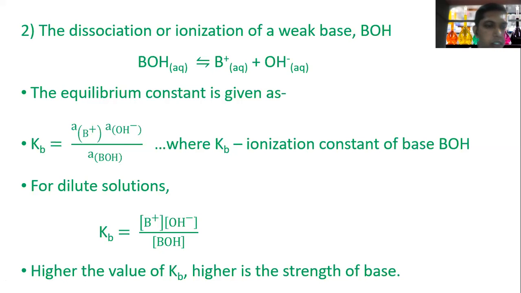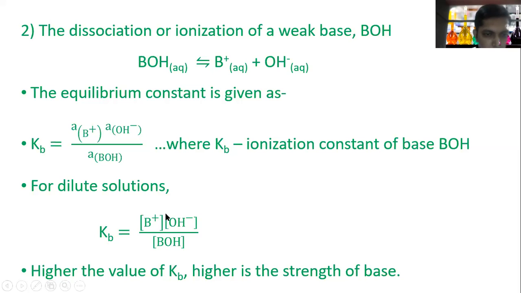So that is the equation for the dissociation constant of the weak base. Now, Kb, the dissociation constant of a weak base, will be higher if the concentration of ions is higher.